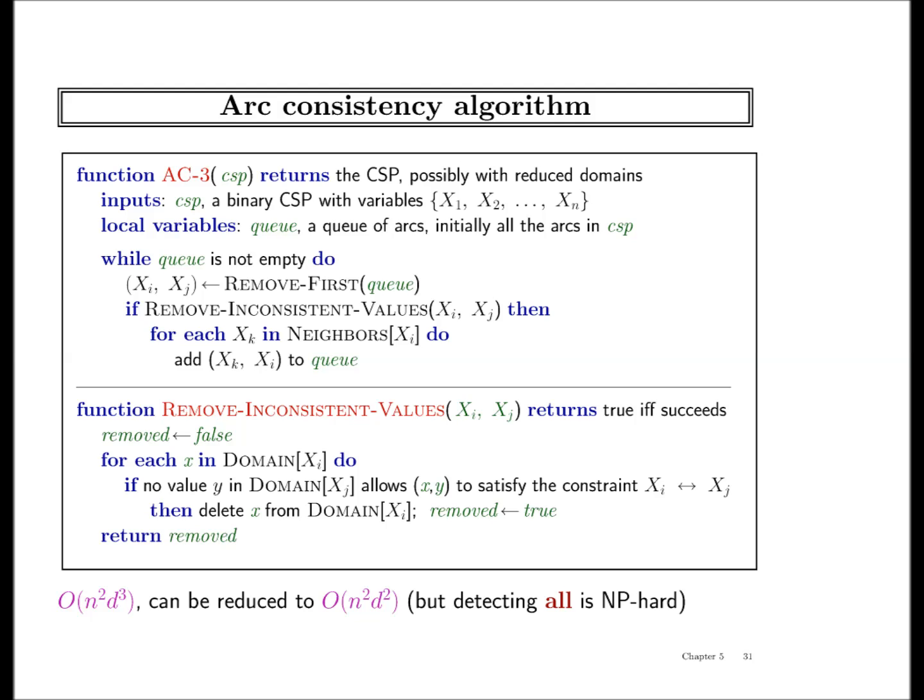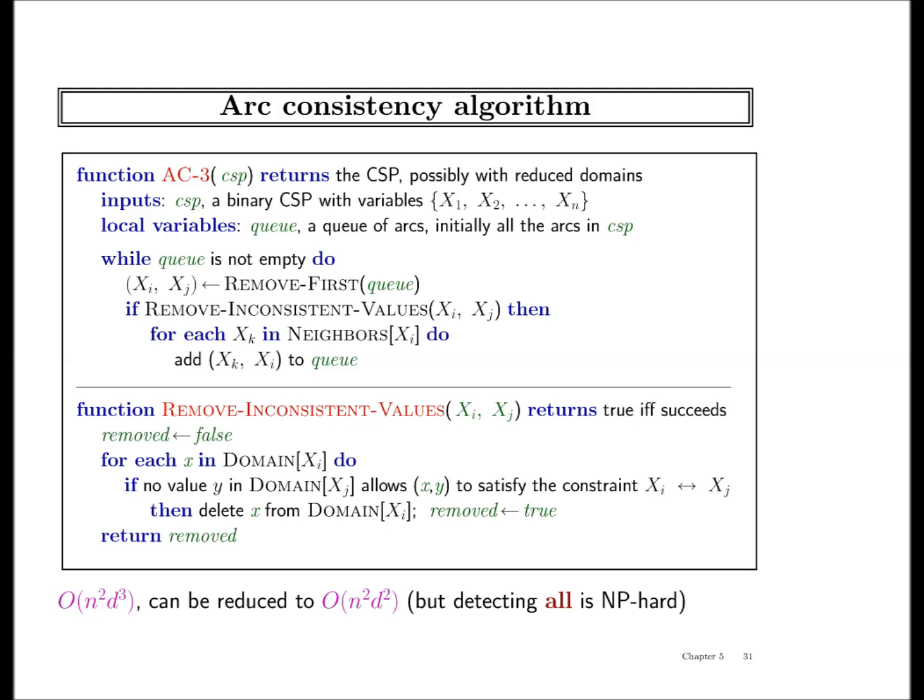So let us suppose I have two colors. And this is my graph, this is my map. My nodes are A, B, C, and my constraints are A-B, B-C, and A-C.